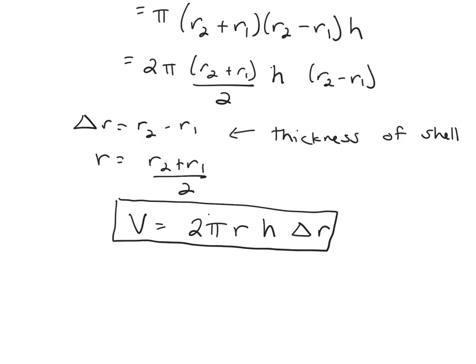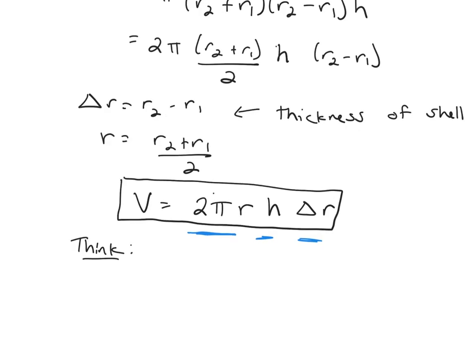So the reason why I put that 2 in there is, when you see this formula, you can break it up and think about it like this. 2 pi r is the formula for the circumference of a circle. h is height, and this delta r we said was thickness.